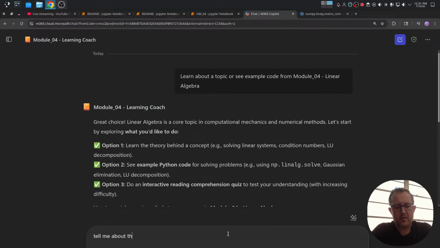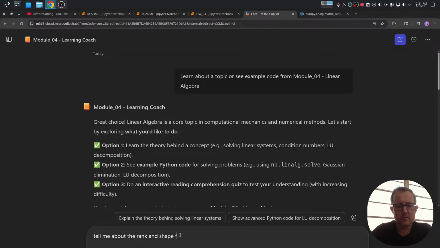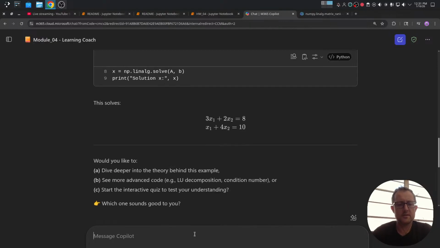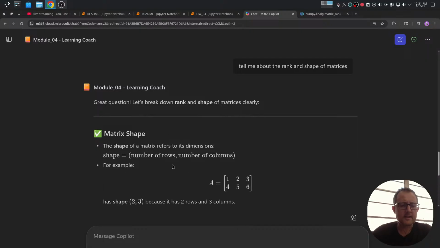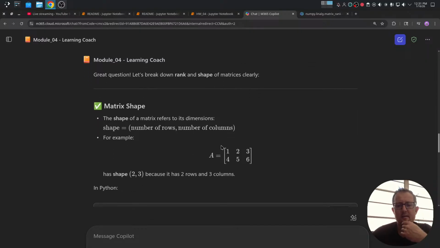Tell me about the rank and shape of matrices. Because I don't think I went through this.